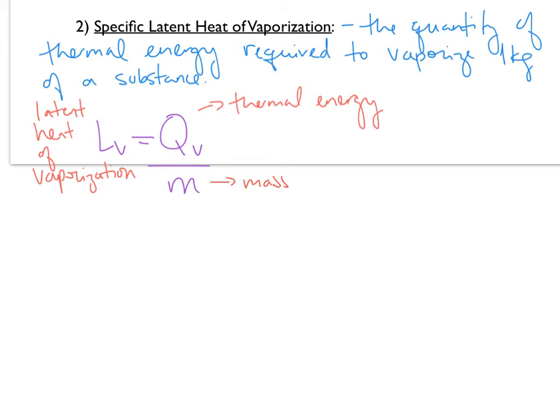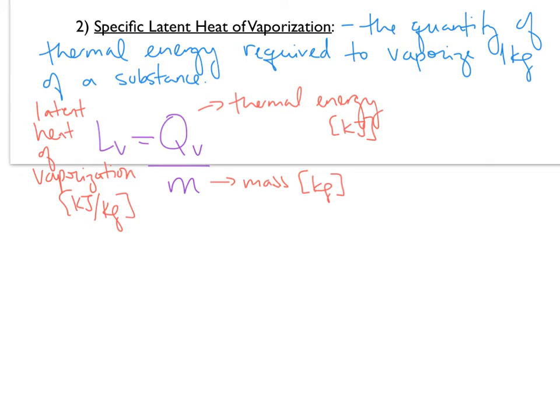So same dimensions as before, your thermal energy is going to be in kilojoules, mass is in kilograms, and your latent heat of vaporization is going to be kilojoules per kilogram.